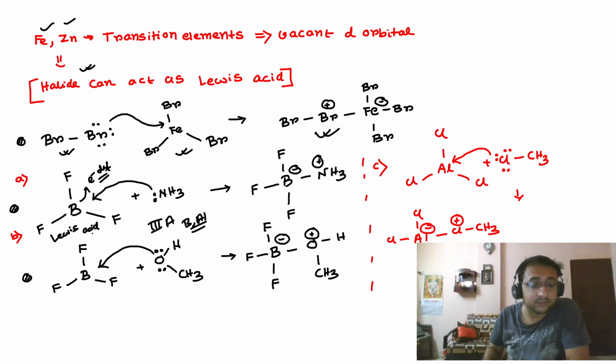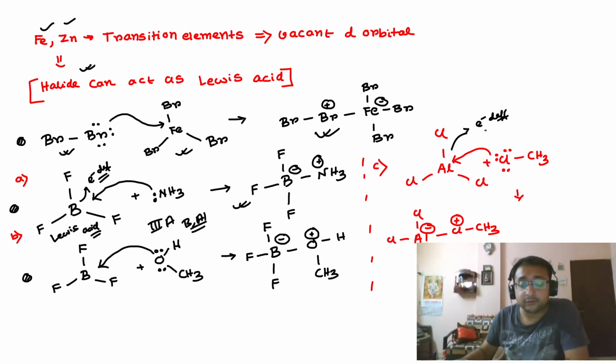And boron trifluoride is a much stronger Lewis acid than aluminium chloride. These types of adducts are formed. Similarly, boron trifluoride can also react with methanol by these types of acid-base reactions. On the other hand, this aluminium center in aluminium chloride is also electron deficient, so it will also participate in these types of acid-base reactions.